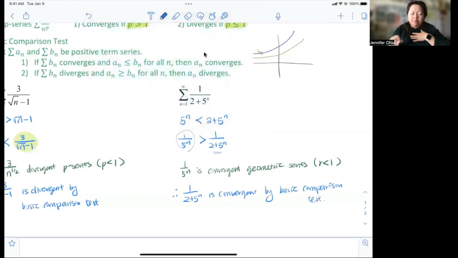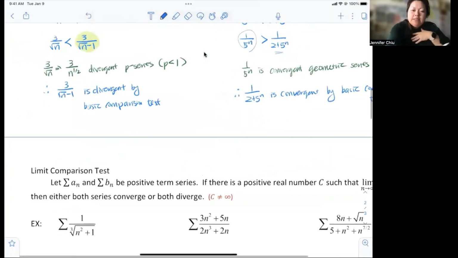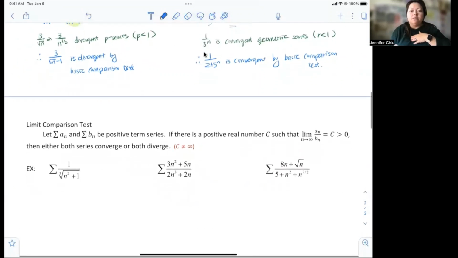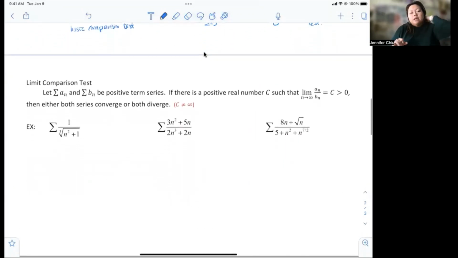Okay? All right. Last test that we're learning today is the limit comparison test. This one's very interesting because most of the time we're comparing these to p-series. So it's actually kind of nice. It says, let a sub n and b sub n be positive term series.